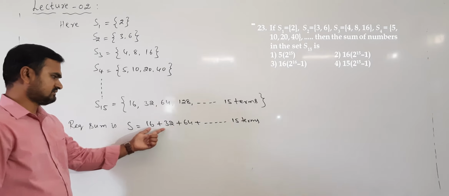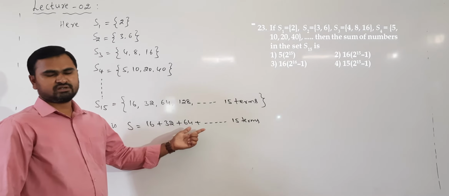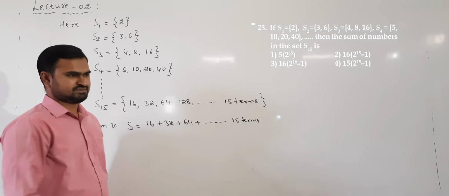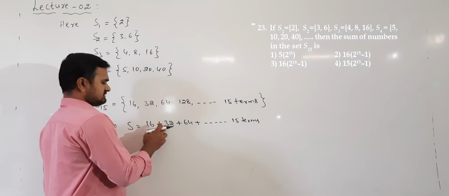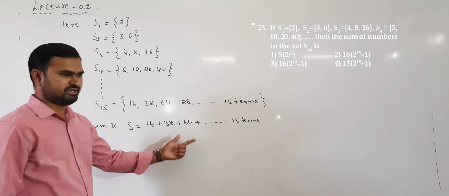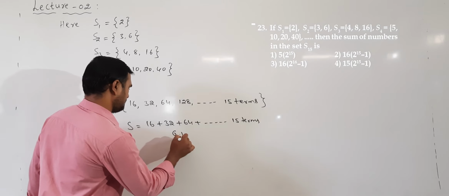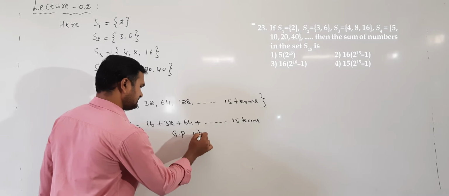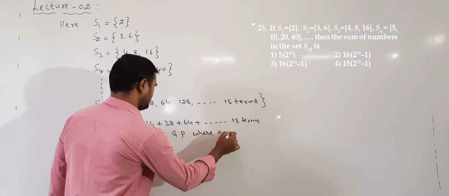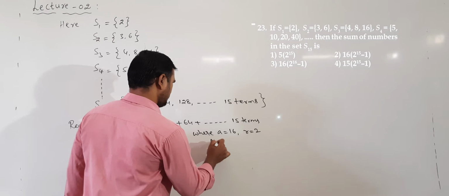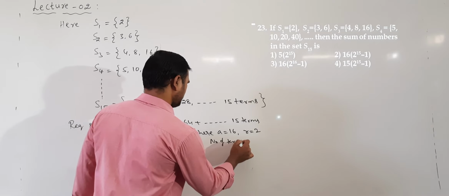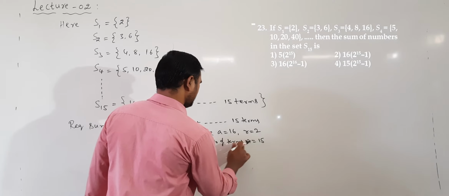Now if you observe, we multiply each term to get the next term, so it forms a GP because the ratio is the same. Here the ratio is 2. It is a GP where the first term is 16, common ratio is 2, and number of terms n is 15.